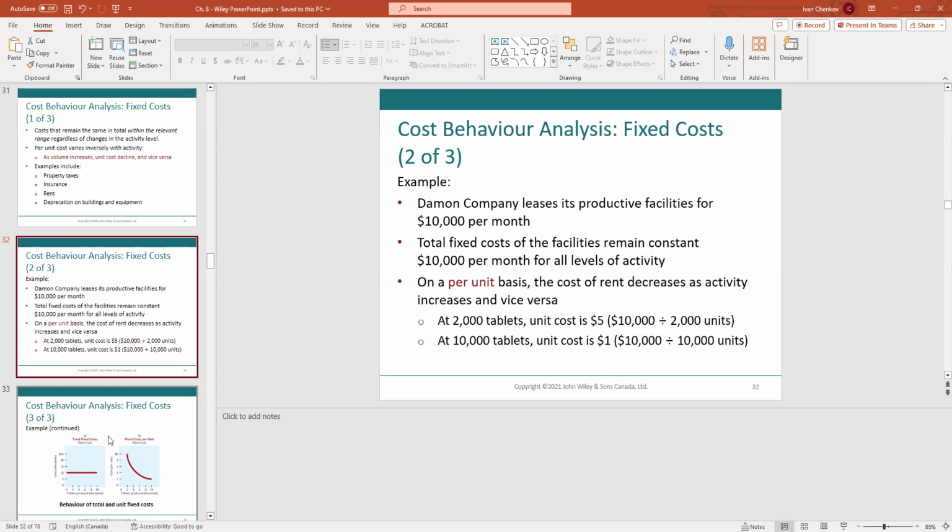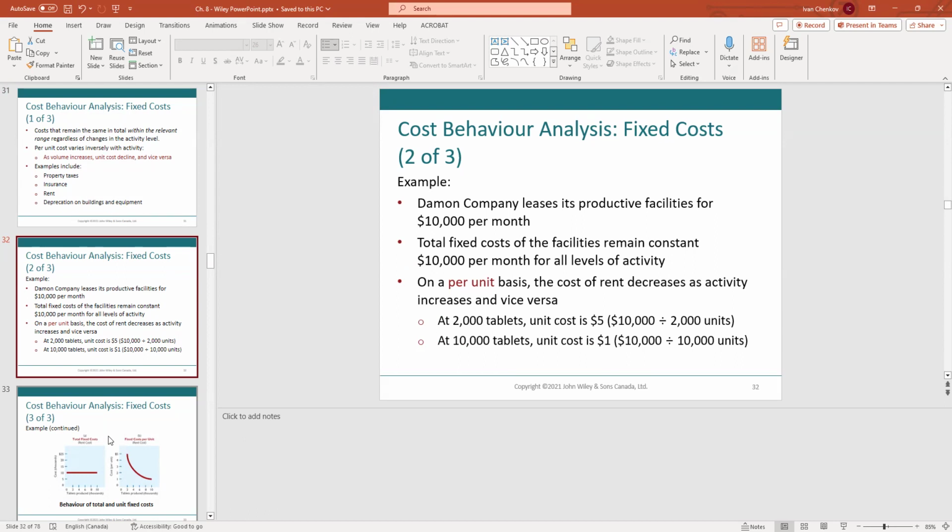Another example of the fixed cost, in order to get even more comfortable, is the rent. If you're paying $1,000 and 1 person lives in that apartment, cost per person is $1,000. But if two people live in the same apartment, where you're paying $1,000, then cost per person is $500.